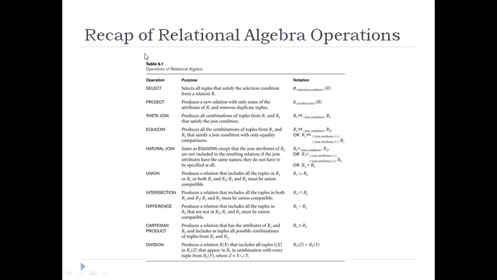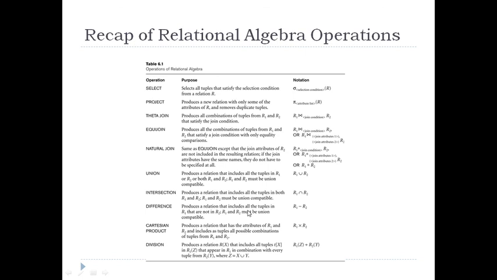Now these are the different operations we have discussed so far: select, project, theta join, equijoin, natural join, union, intersection, difference, Cartesian product and the division. So these are the basic operations.